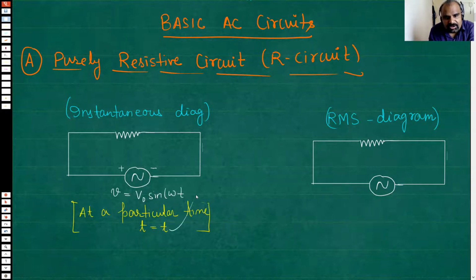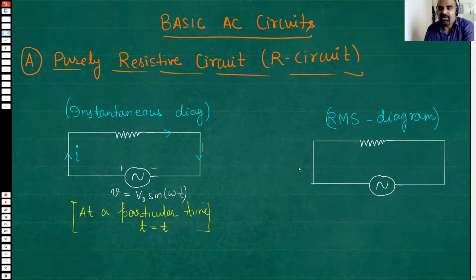You put t equal to t because you are doing it for t equal to t. So this is the voltage and this is the positive terminal at that time. So a current will flow in this direction at that time. So this I'm showing instantaneous current. This voltage was instantaneous voltage.